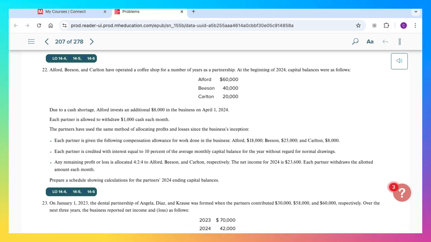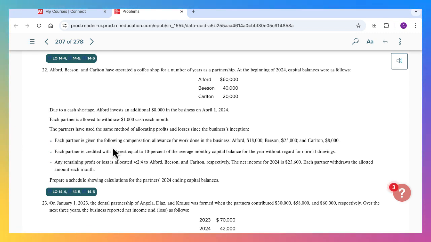They want us to demonstrate the impact that the allocation of partnership income has on the partner's individual capital balance. And they also want us to allocate income to the partners when interest and/or salary factors are included. So we're hitting all 3 of those learning objectives in this video, okay?